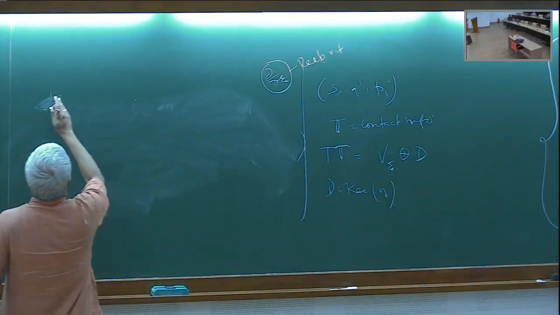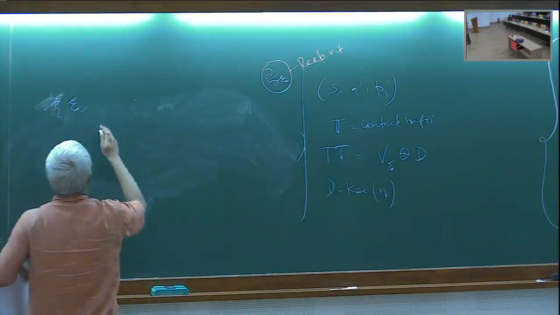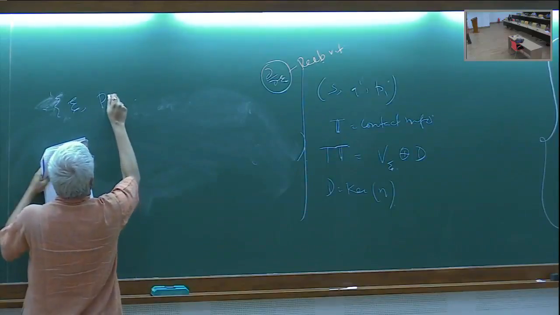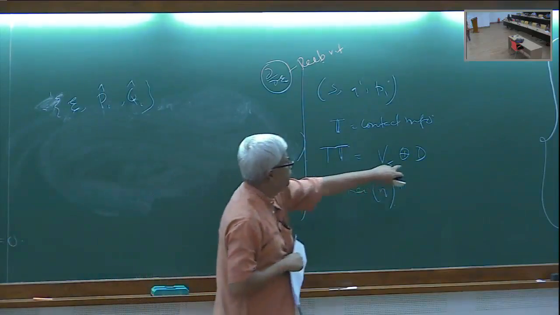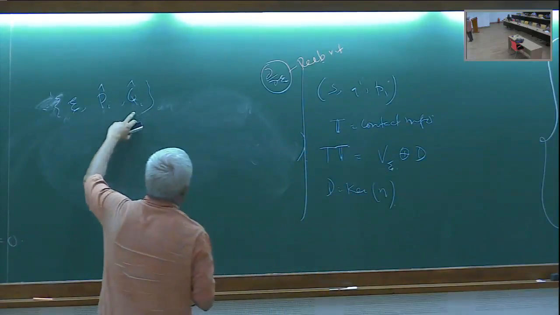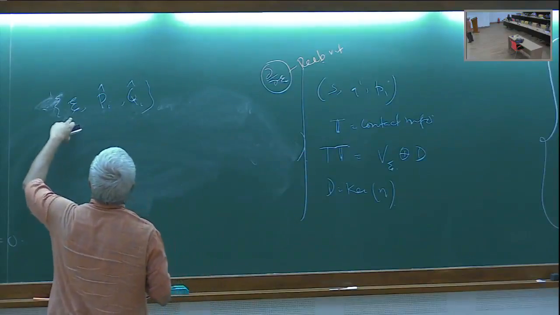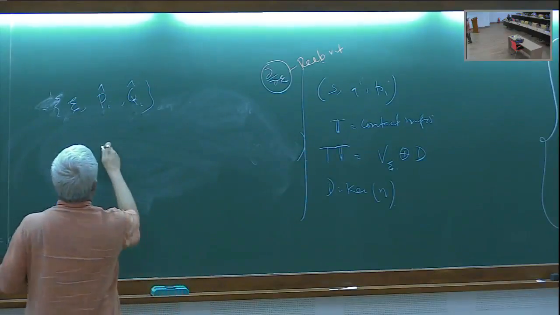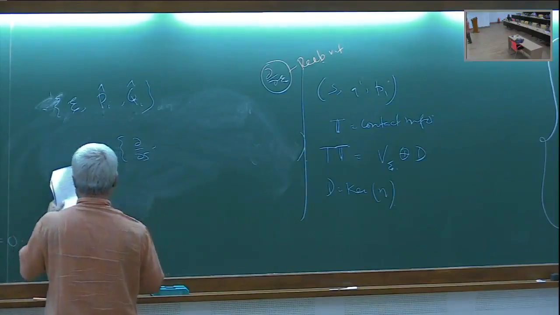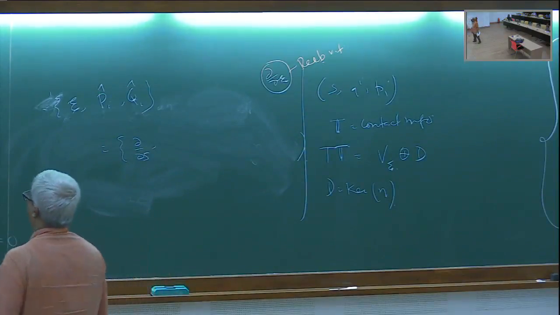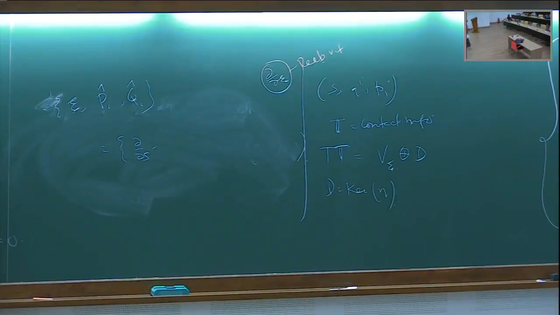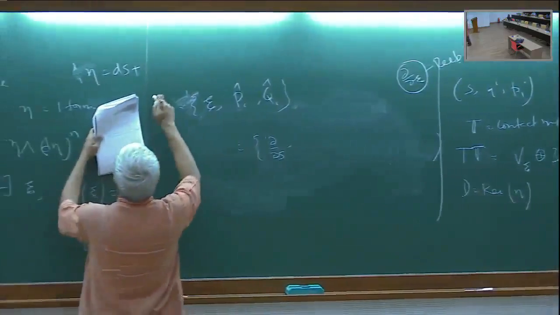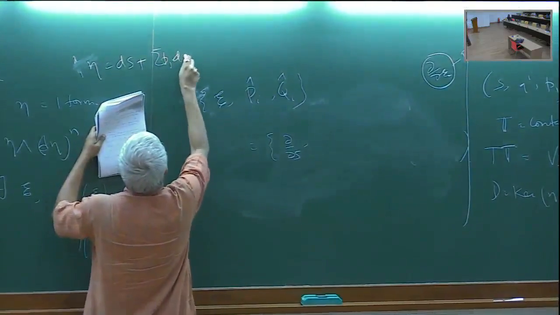I have these three vector fields, Pi, Qi dot, and del del S. Eta I already defined in the following way: eta is dS plus Pi dqi.